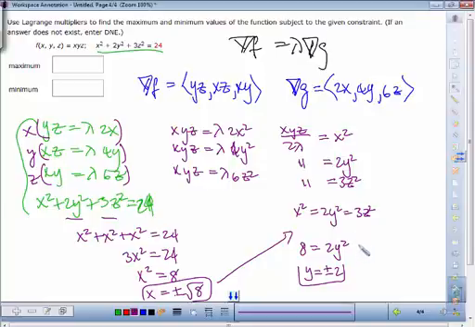And then I can do the same thing for z. Okay? Now, it looks like I have possibilities of pluses and minuses and stuff like that.